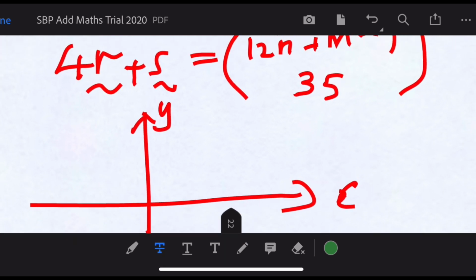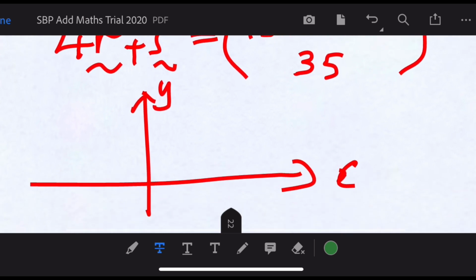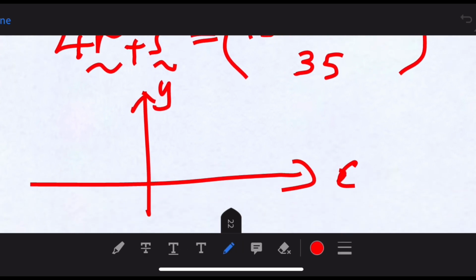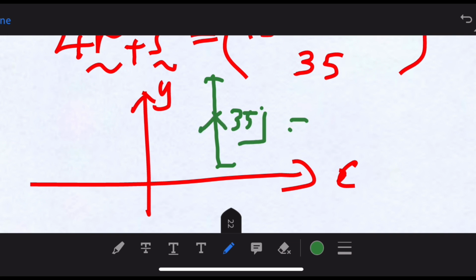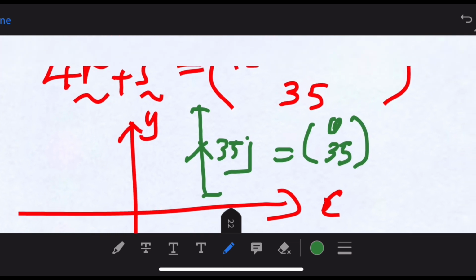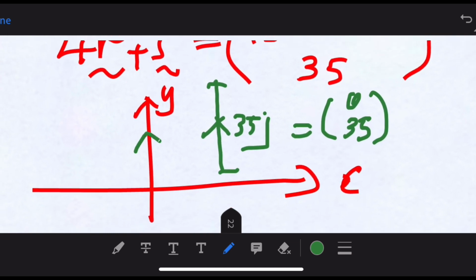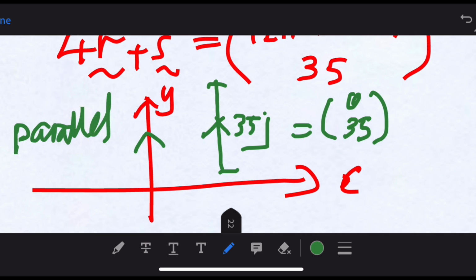Same thing if they say the line is parallel to x-axis, that means the component of the y must be 0. So in this case, because the line is parallel to y-axis, we will let the component of the x equal 0, and then we try to solve the expression.